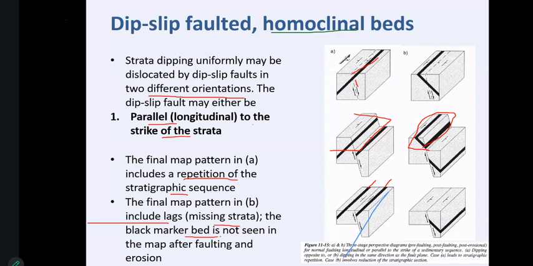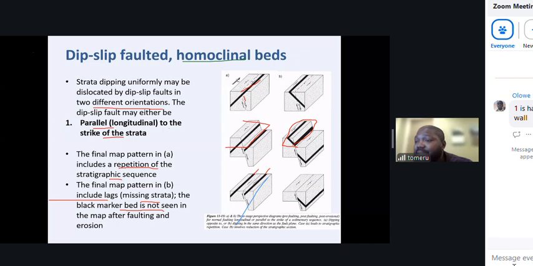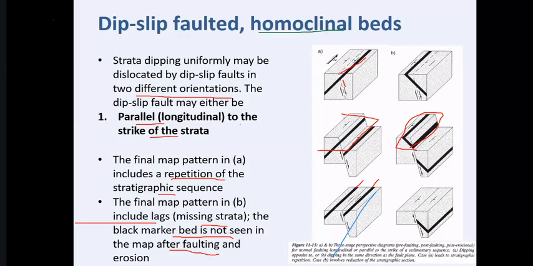The black marker bed is not seen in the map after faulting and erosion. In both cases, these are normal faults, but we're saying that they will appear differently on a map if the bed is horizontal or homoclinal, that is at an angle.